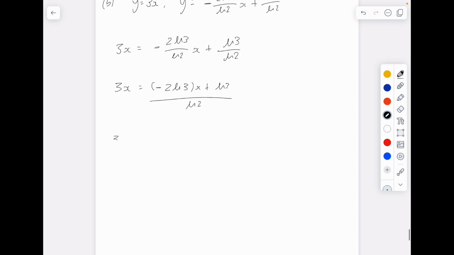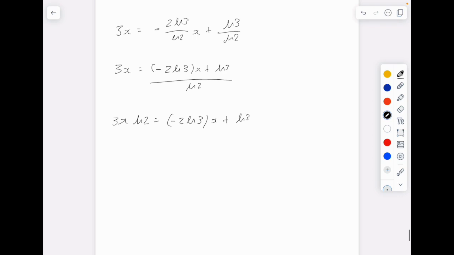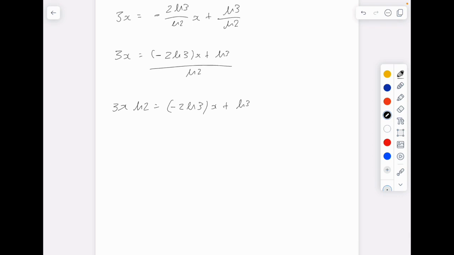So I can therefore say that 3x ln 2 is equal to negative 2 ln 3 x plus ln 3. Fine. What can I do here? Well, I can move it over. So 3x ln 2 plus 2 ln 3 x is equal to ln 3.